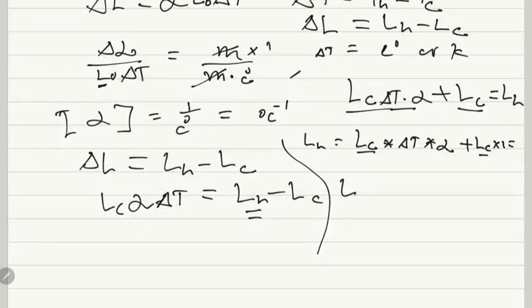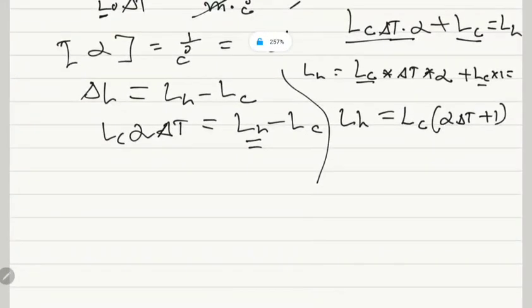So the length at the hotter temperature is equal to the length at the colder times alpha times the change in temperature plus 1. So this is the equation to write the length of some conductor after some temperature change.